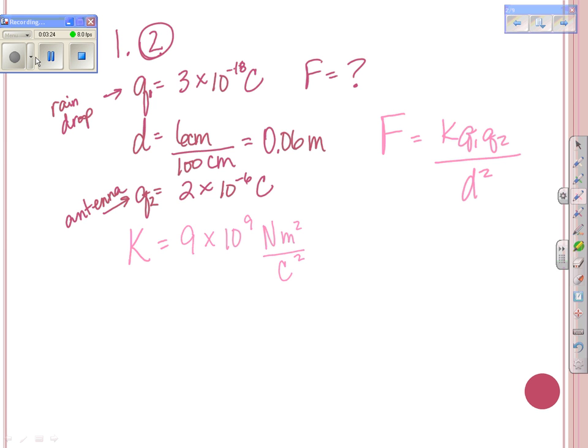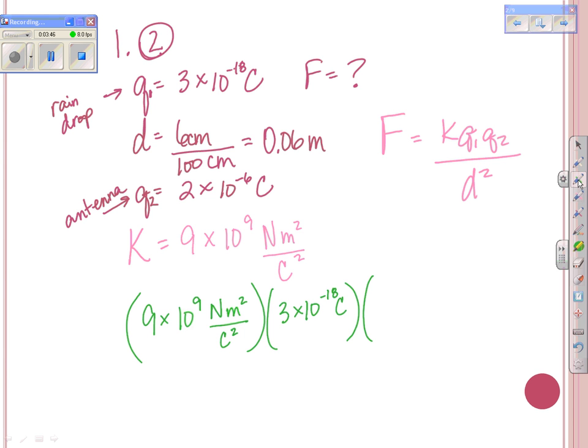So we're going to go ahead and substitute in. When we substitute our numbers in, we are going to find that we have 9 times 10 to the ninth Newton meters squared over coulombs squared times 3 times 10 to the negative 18th coulombs times 2 times 10 to the negative 6th coulombs divided by, so the coulombs squared gets canceled out, by 0.06.